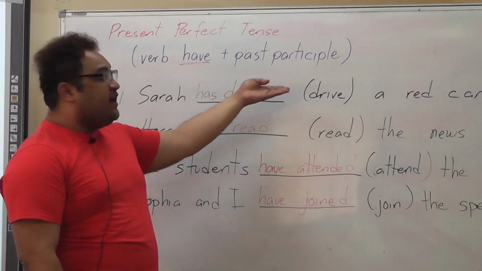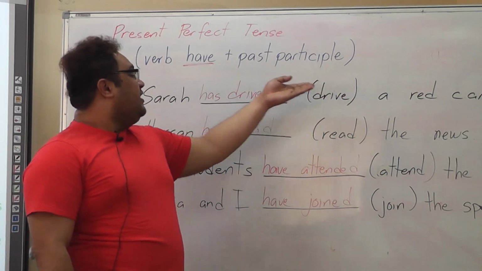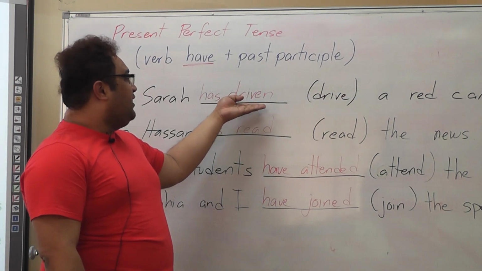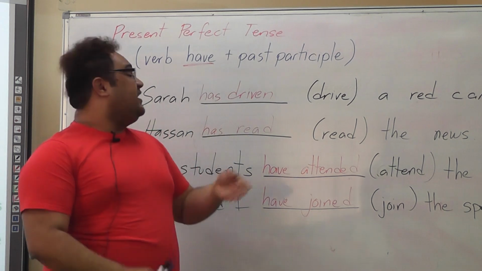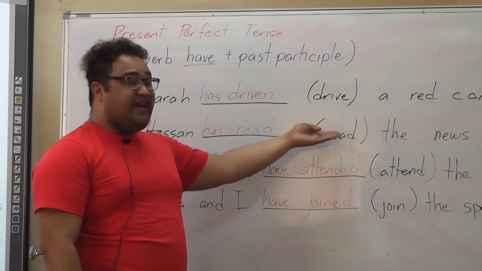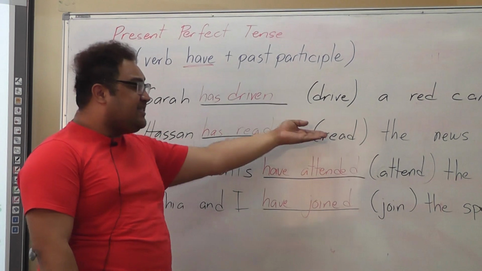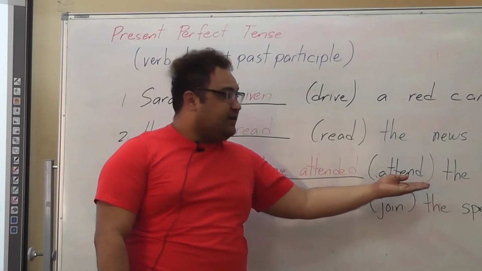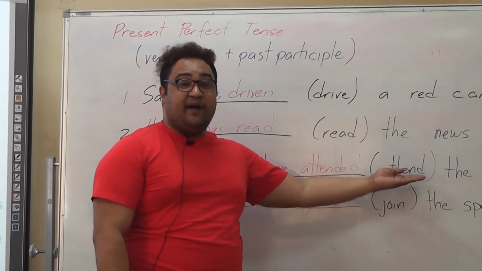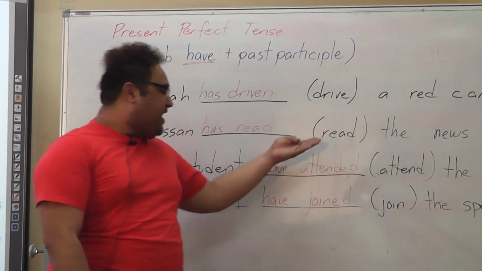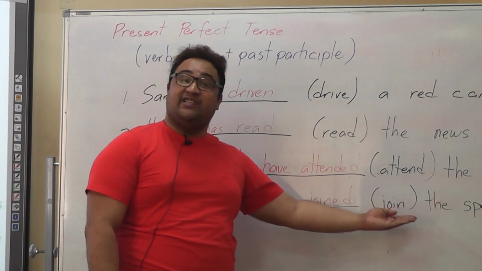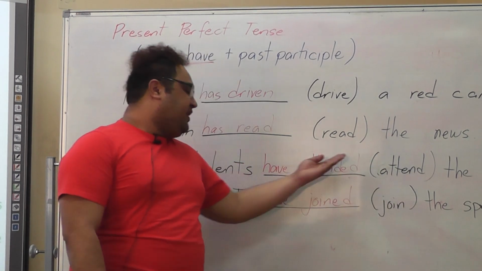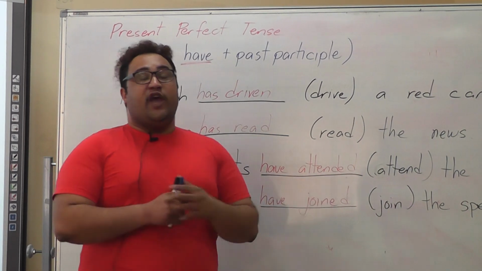Irregular verbs, drive, the past participle of that is driven. Read, the past participle of this irregular verb read is read. For the past participle of the verb attend, which is a regular verb, attended, and join, which is another regular verb, is joined. So you have to familiarize yourselves with this.